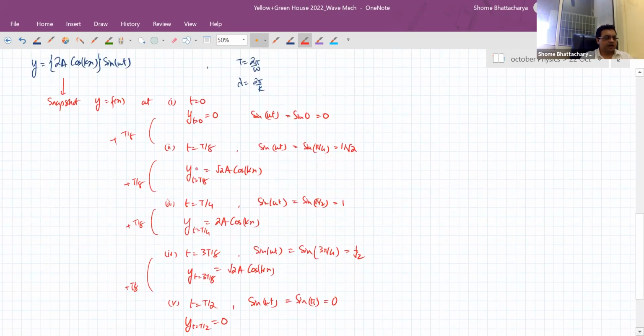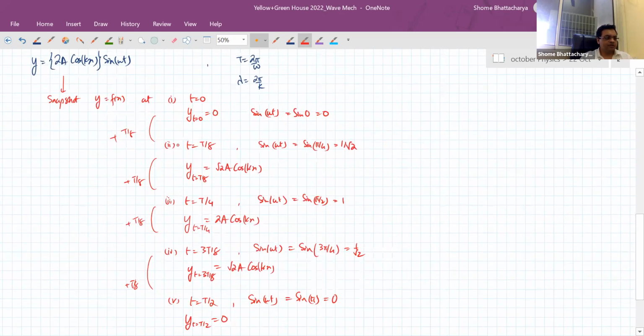So I have gone on increasing the time from t equal to 0 by a factor of 1 by 8 of the time period till I have reached half the cycle. In fact, let's continue this here itself. So another plus 1 by 8, I'll reach the time of t equal to 5T by 8.